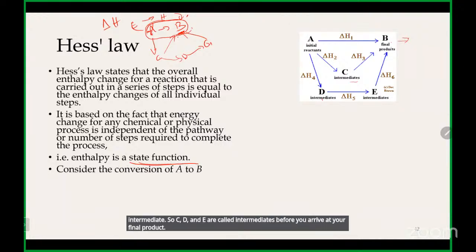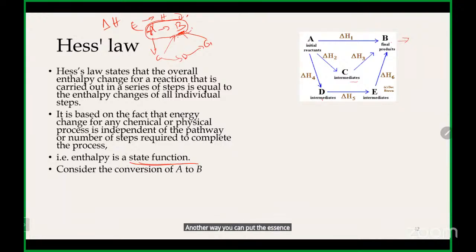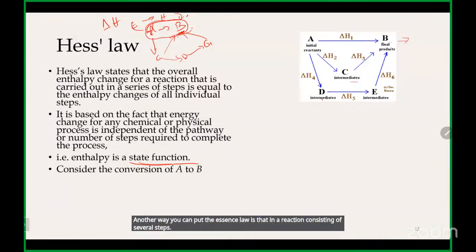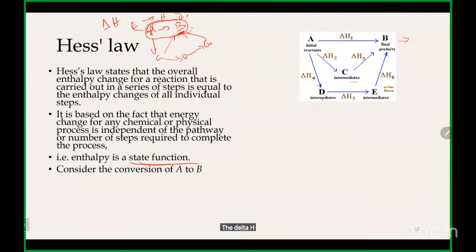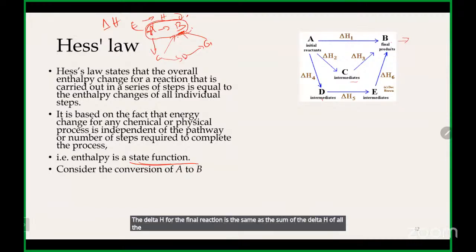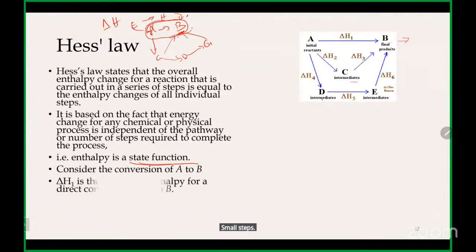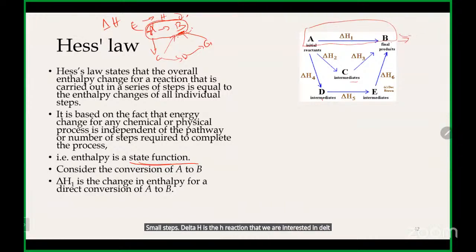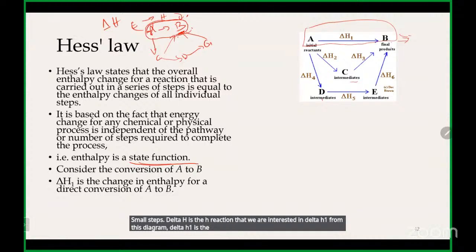Another way you can put Hess's law is that in a reaction consisting of several steps, the delta H for the final reaction is the same as the sum of the delta H of all the small steps. From this diagram, delta H1 is the reaction that we are interested in.